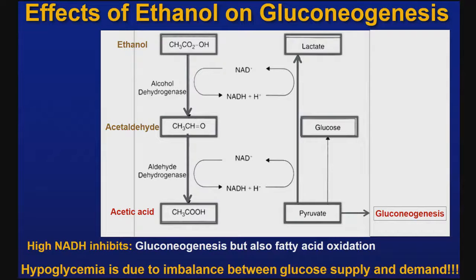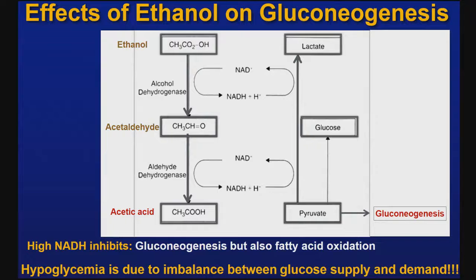Now, if you have a lot of NADH around and you still generate a lot of acetate, the acetate can be converted to acetyl-CoA. And with a lot of NADH around, recall that in glycolysis, when you generate a lot of NADH, you deplete the NAD+, so you have to regenerate the NAD+.